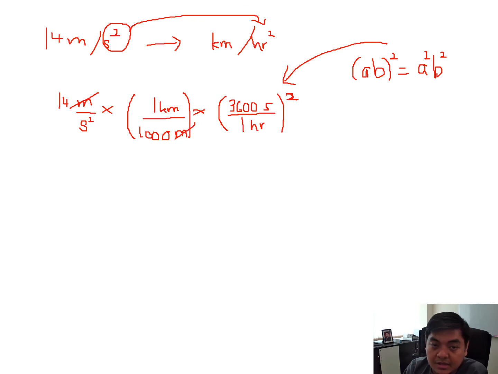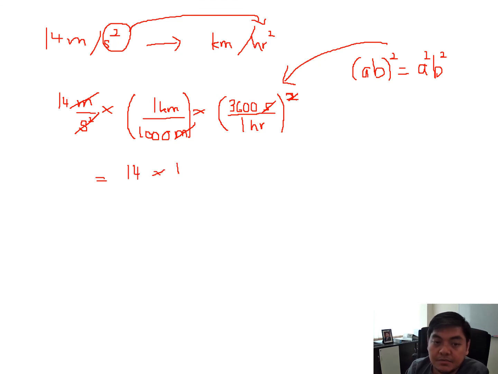Yes, easily just cancel the m. And how about s squared? s squared is cancelled out. Remember this thing, okay? s squared is already cancelled, but in the bracket there's still 3600 squared. This is the thing students always forget, to square the 3600. Normally they will forget about this. So that is a good hint.